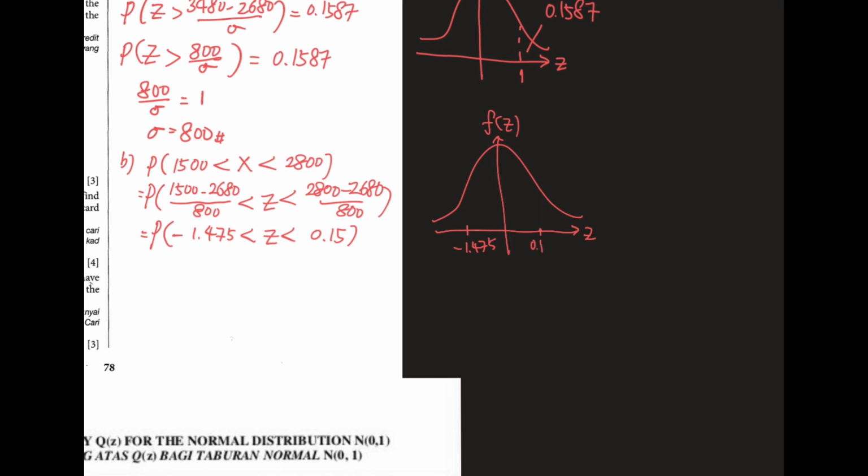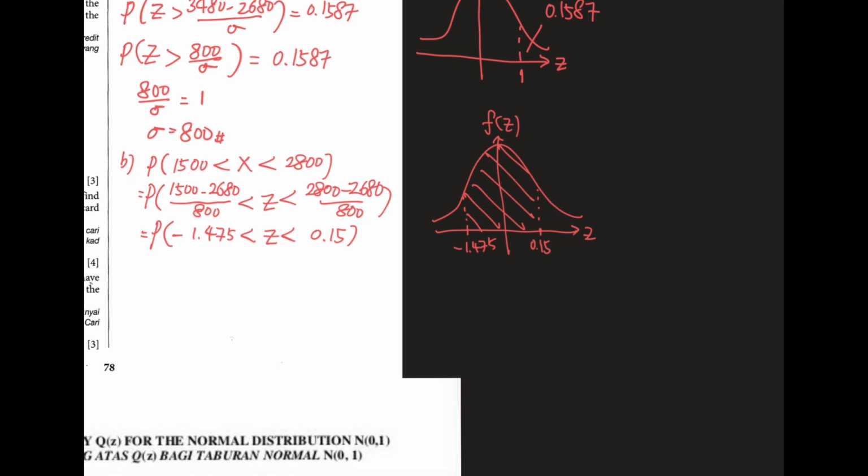Our Z values are negative 1.475 and 0.15, which is the shaded region in between. Okay, so we are looking for the shaded region in between. But remember our table, right?